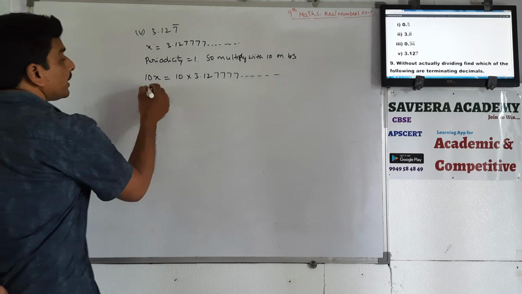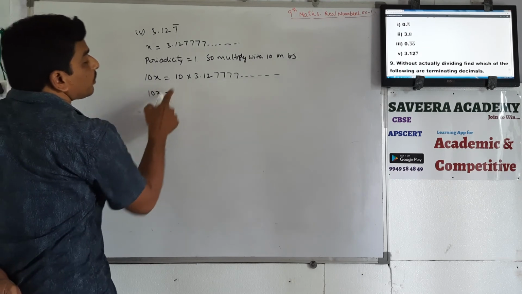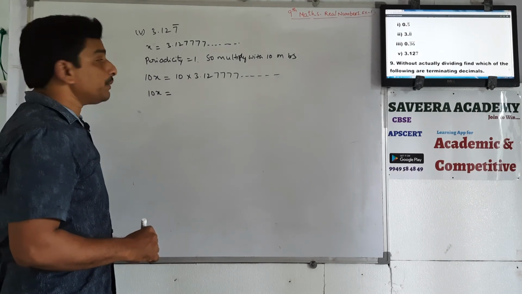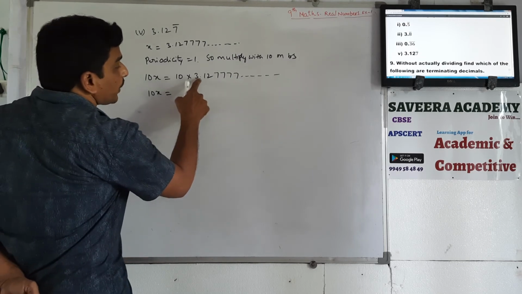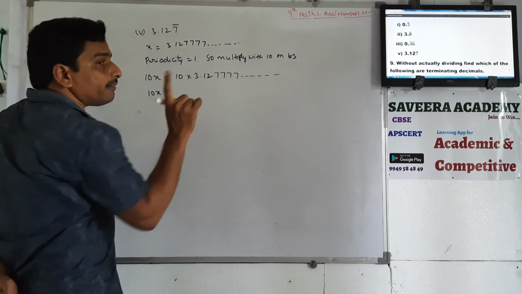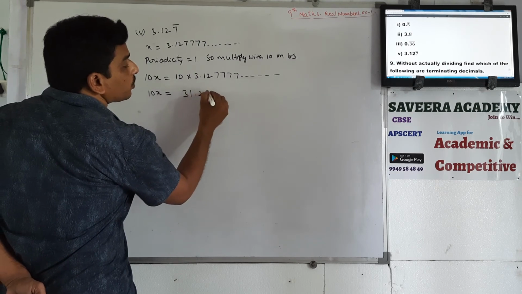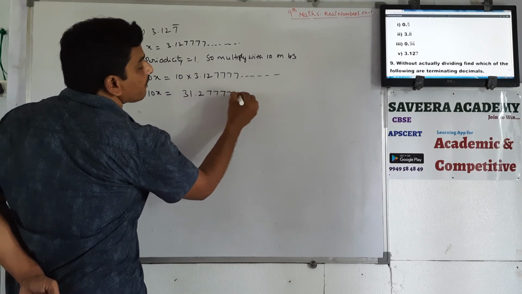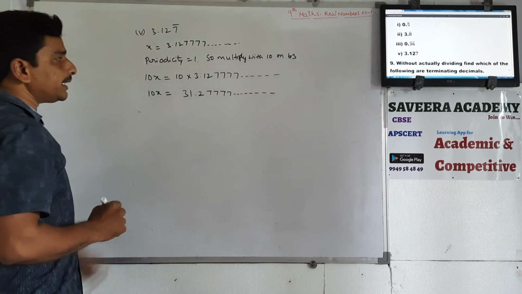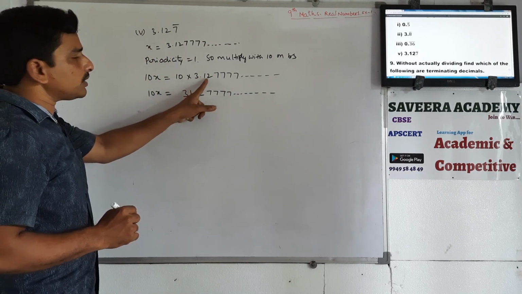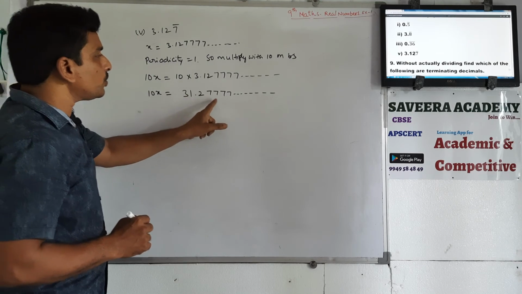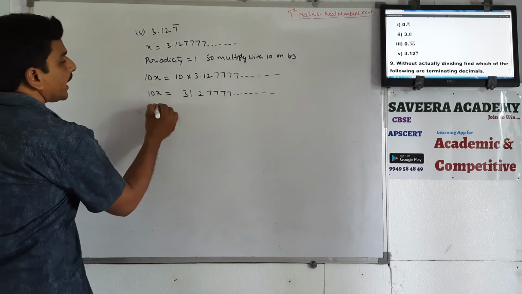On multiplying with this 10, the decimal point moves towards the right side for one place. So then this becomes 31.2777 and so on. Here see, the decimal point moves towards here. Again write down the x value.